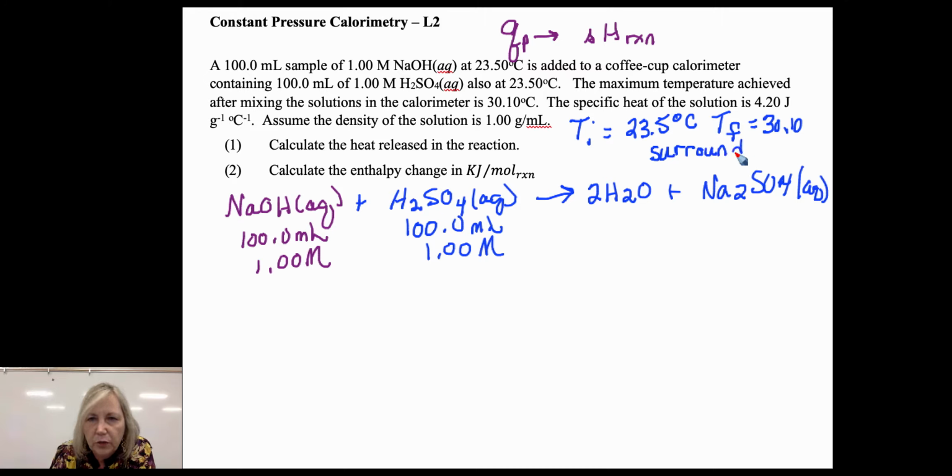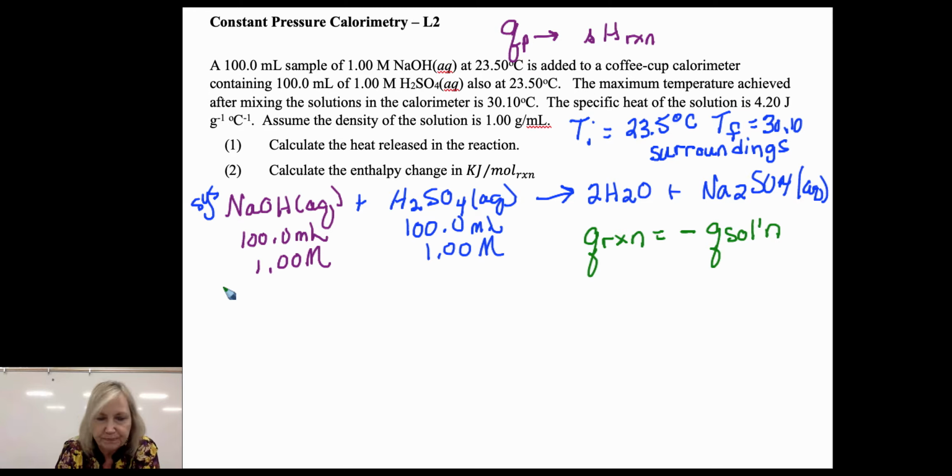The bulk solution provides the surroundings for our actual system, which is the neutralization reaction. So in all cases, Q of my reaction is going to be equal in magnitude but opposite in sign of Q of the solution. That doesn't mean that the solution's exothermic. This means that whatever I get for my solution, change the sign, and that's how I'll get my reaction.